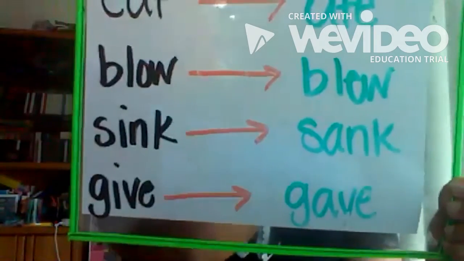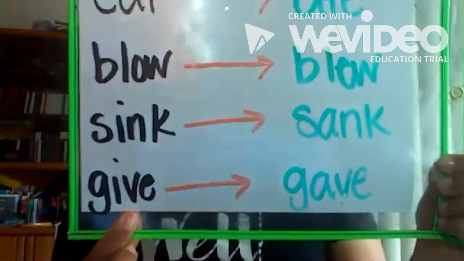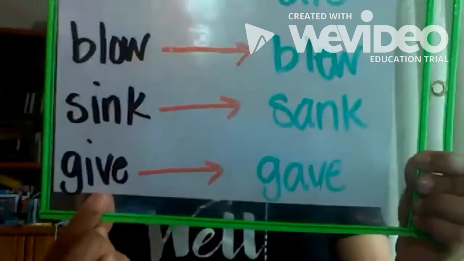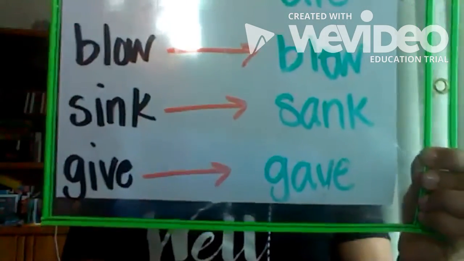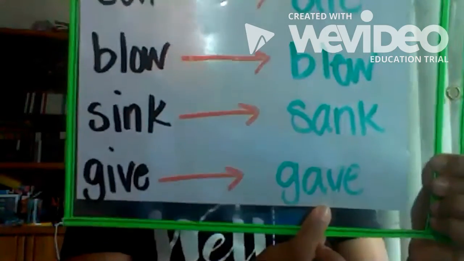Now one more. Today I give you a sticker. That is present tense. But if I said yesterday I gave you a sticker, that would be past tense. So that is the irregular verbs that have to be changed spelling wise in order to show past tense.